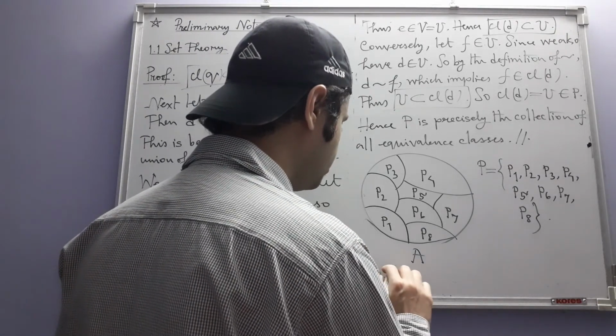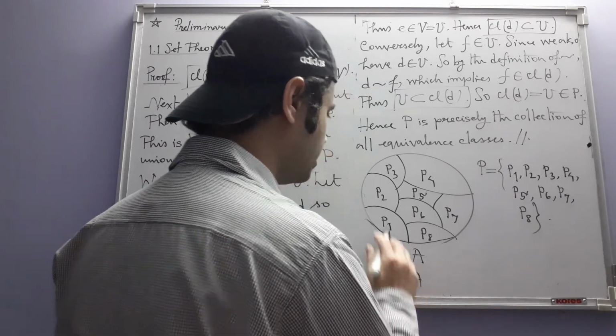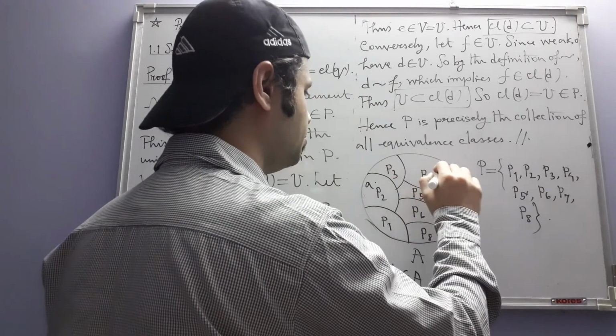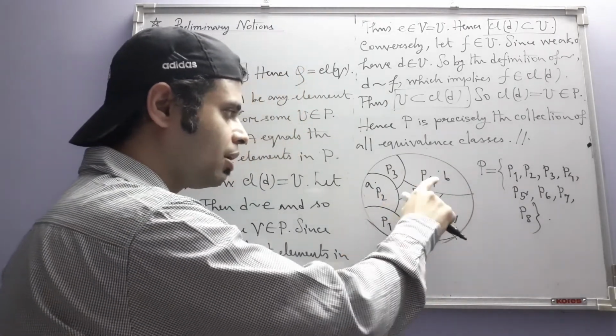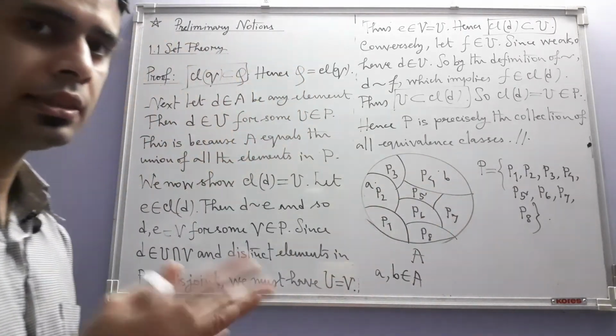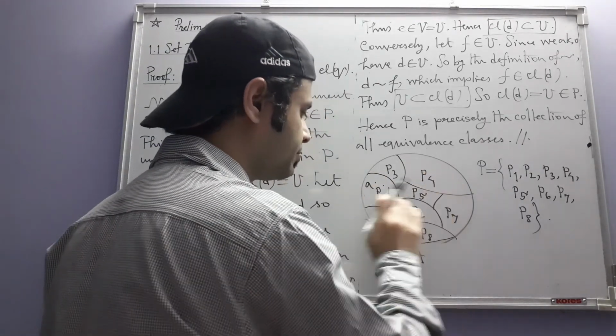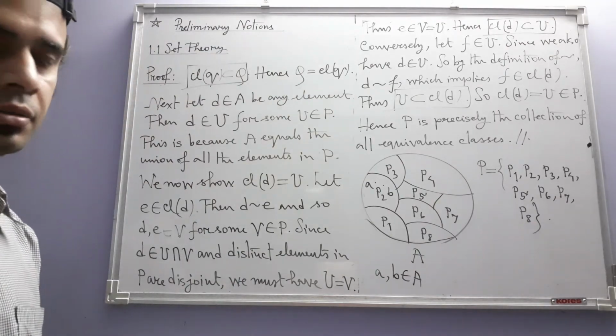You take any two elements A and B in A, they will be here somewhere. Suppose A is here and B is here. If they belong to different Pi's, then they are not related. If they belong to the same Pi, then they are related.